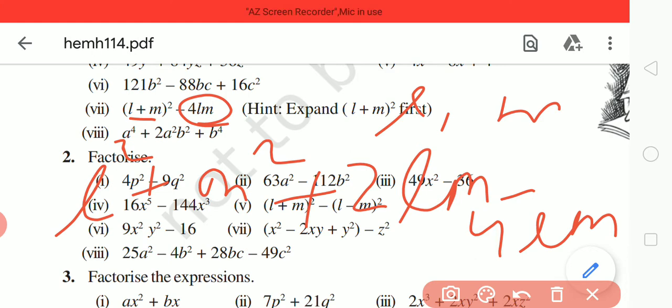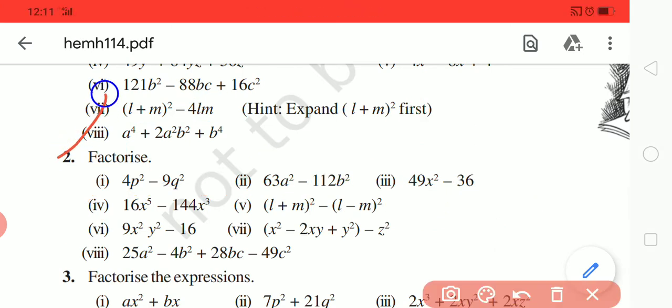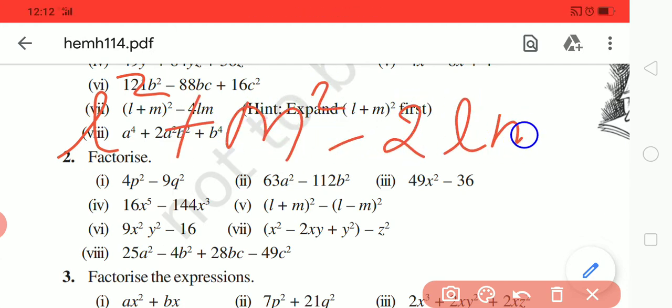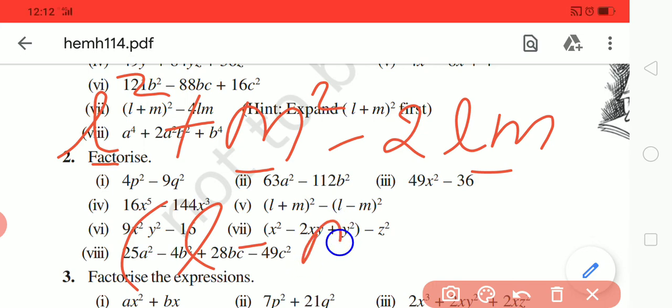So you can see the like terms 2lm and 4lm. 2lm is positive and 4lm is negative, so minus 2lm will be there. So what we get from here is l square plus m square minus 2lm. If you compare it to the identity, that is a square plus b square minus 2ab, it will become a minus b whole square.